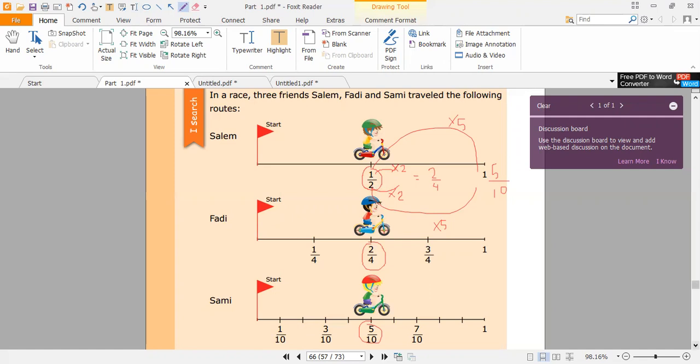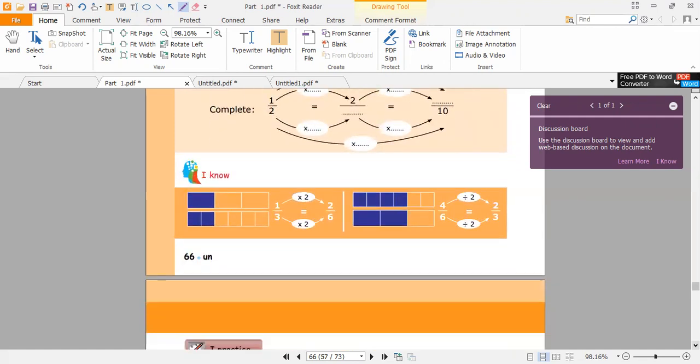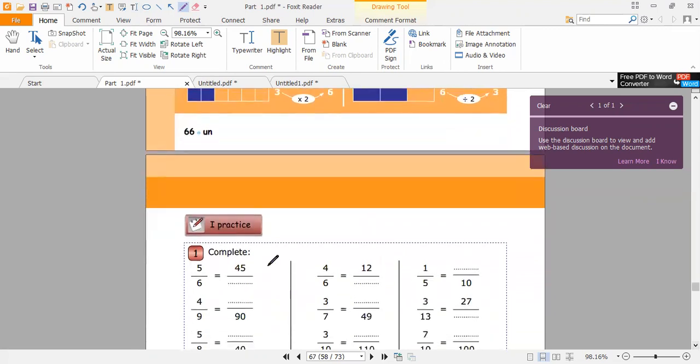Now let's solve exercise 1, the first column. Here I have to complete the missing number, and sometimes it's the numerator or the denominator. Now what can I do here? I'm going to compare the denominators or the numerators.